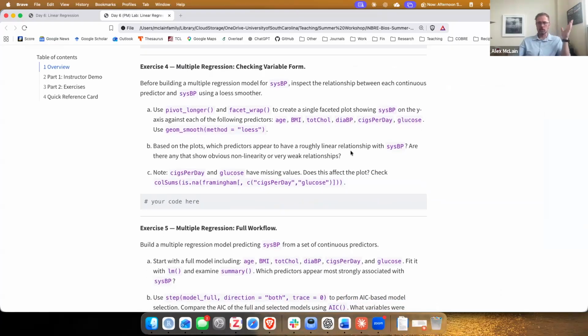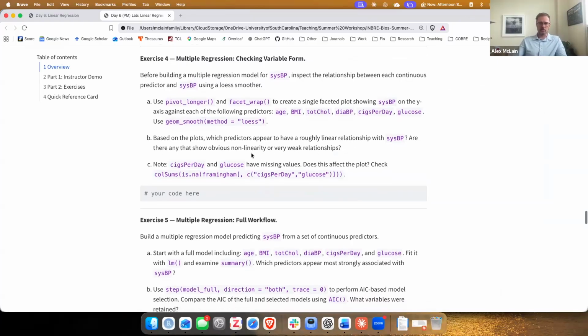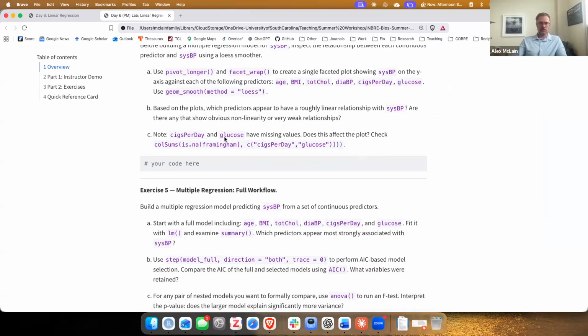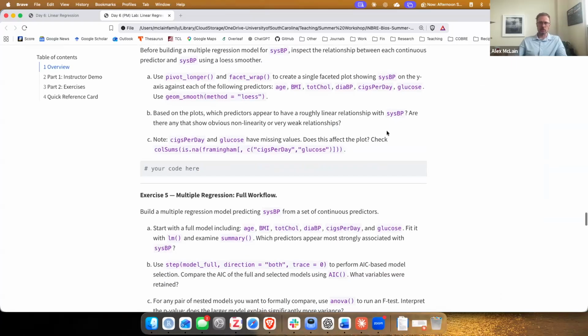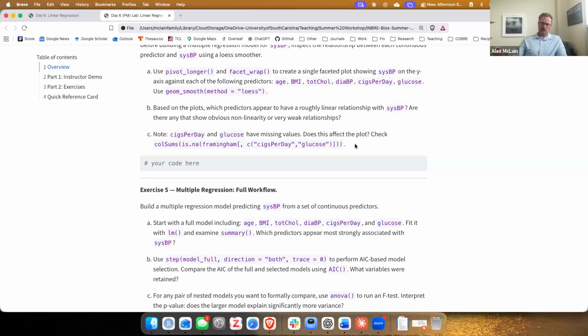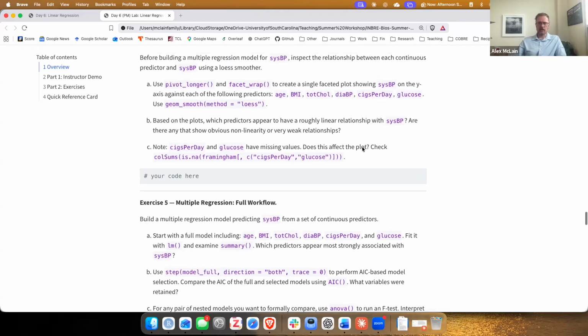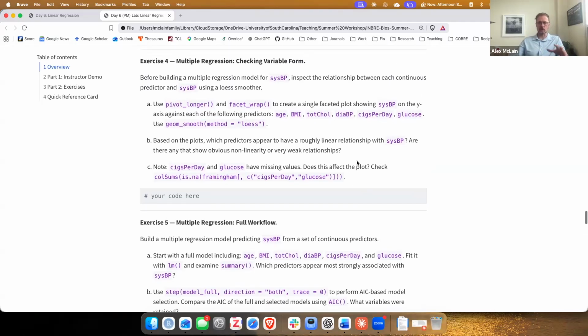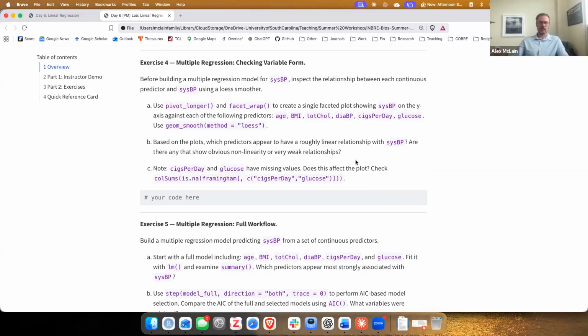And which variables seem to have a linear relationship, any obvious nonlinear relationships, and then just looking at some of the missing values in terms of these variables. Check how many of these variables have missing values, and that's going to have some impact on our model because those individuals are not going to be included in any of the model fitting. And then we can stop right there.